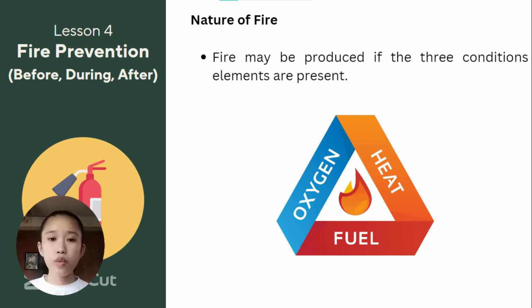So in this slide, we're going to discuss the nature of fire. Heat, fuel, and oxygen are also known as the fire triangle. Once the three elements combine together, they produce fire.